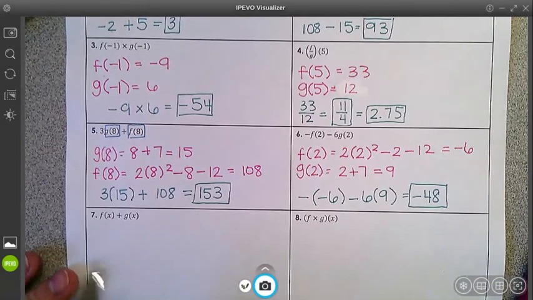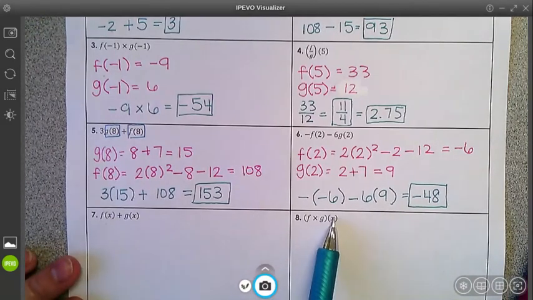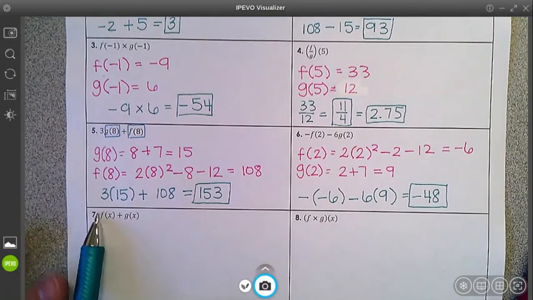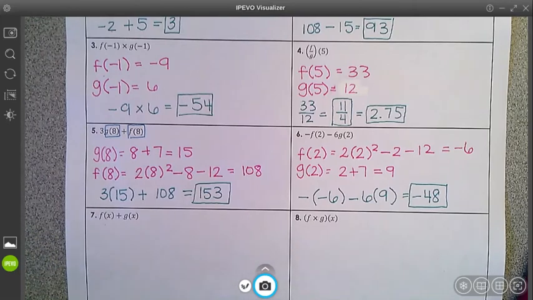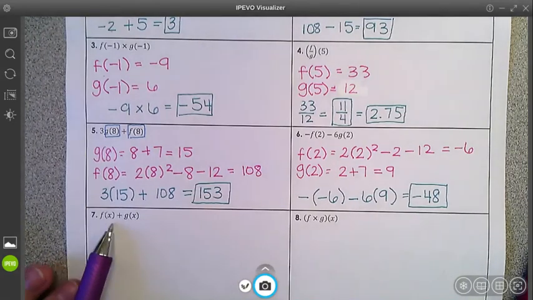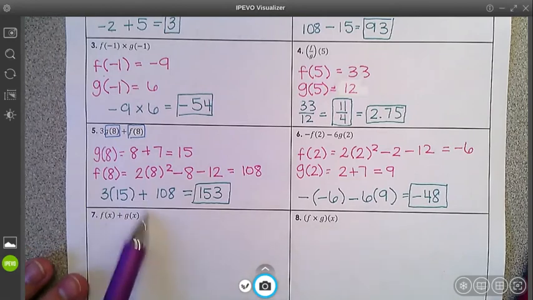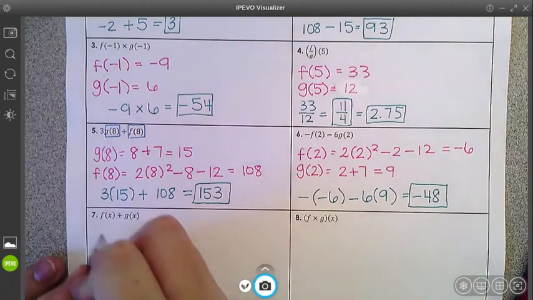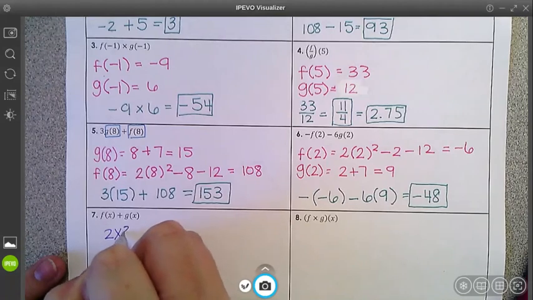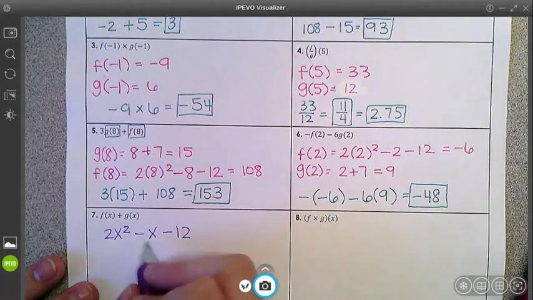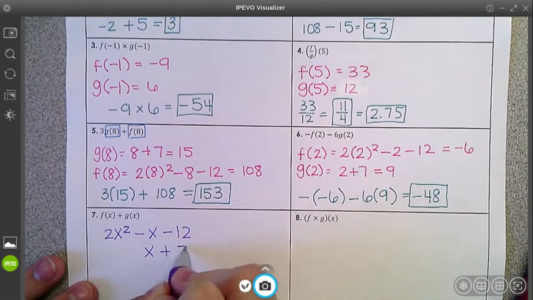Now these last two are completely different. We don't have any numbers in those parentheses. Instead, it's left as just x. So what we do is, first off, let's write down our two functions. We're taking the f function and we're adding it to the g function. So if I write them out, 2x squared minus x minus 12, and g of x is x plus 7.